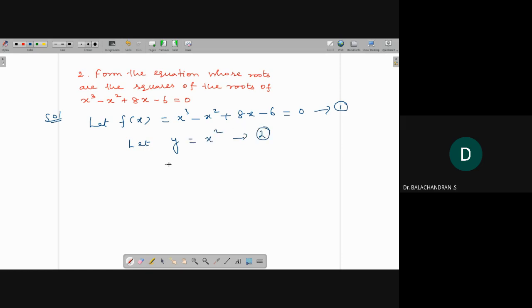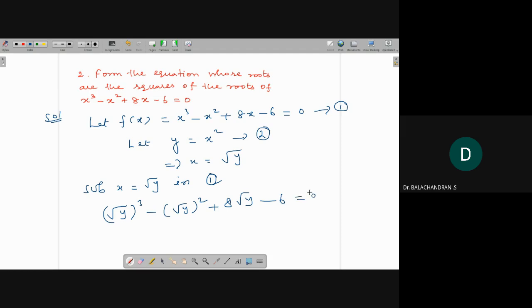So this implies x is equal to root y. Substitute x is equal to root y in 1. So you'll get root y power 3 minus root y whole square plus 8 into root y minus 6 is equal to 0.